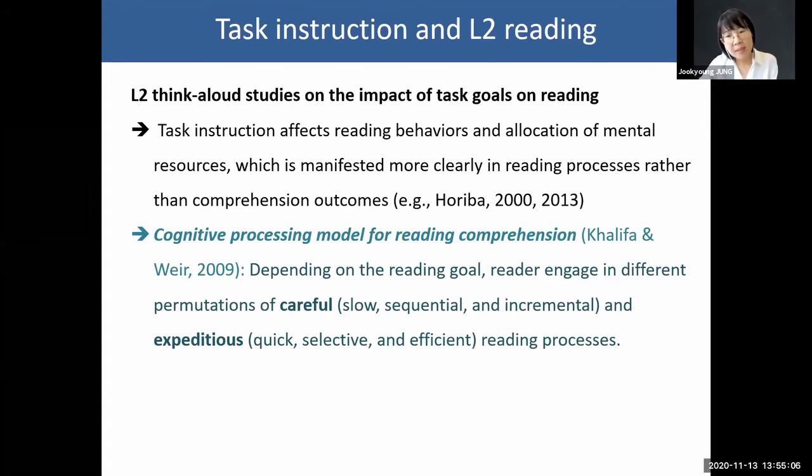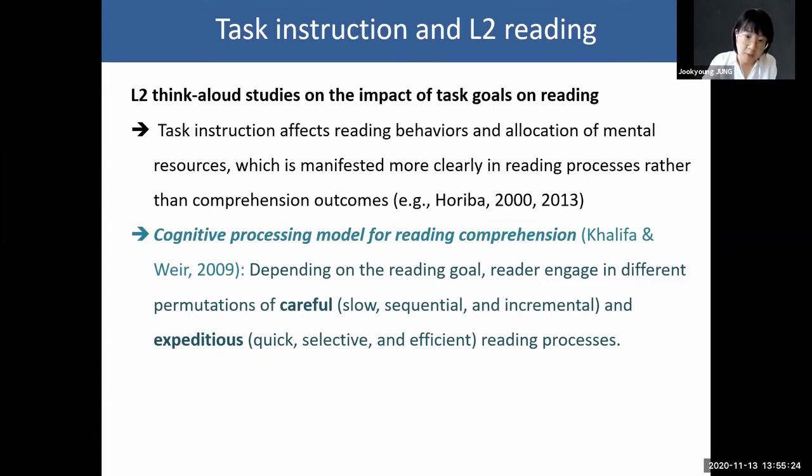Let's assume that this is worthwhile to explore. Then we need some theoretical rationale to base our research on. One useful theoretical framework to explain this is Khalifa and Weir's cognitive processing model for reading comprehension.